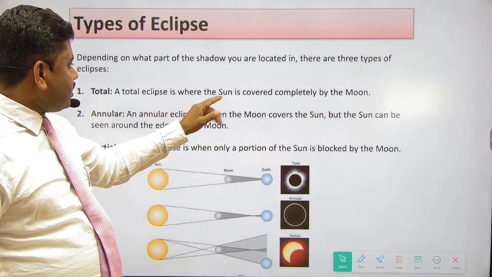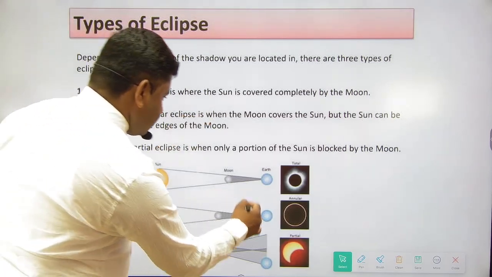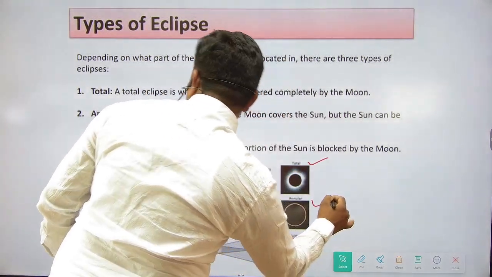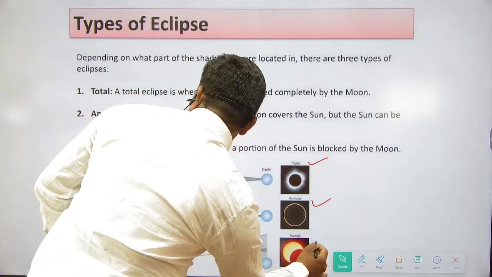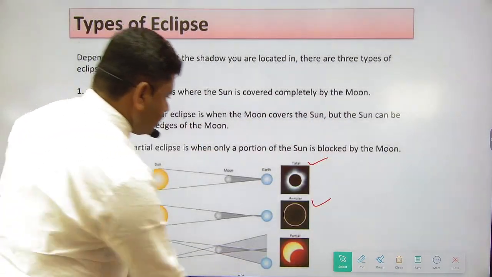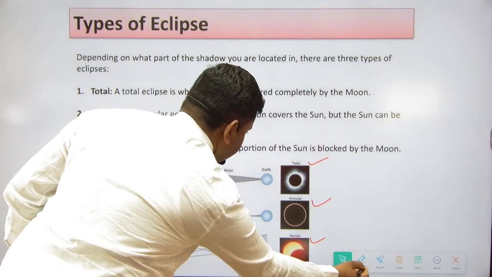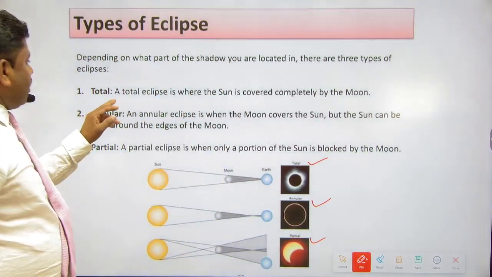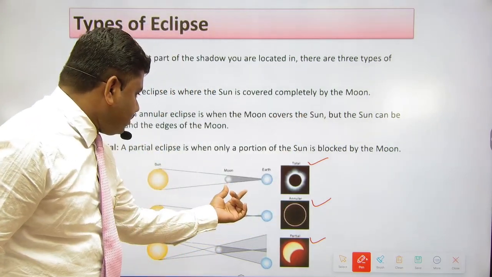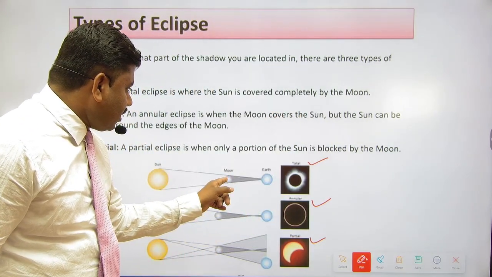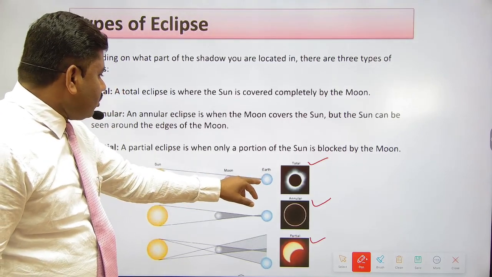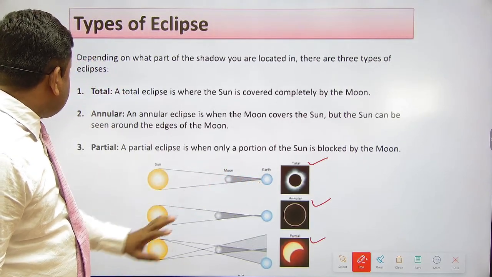Here is the total, the annular, and here is the partial. See here, the moon is here and completely covers the sun, and this portion is on the earth.